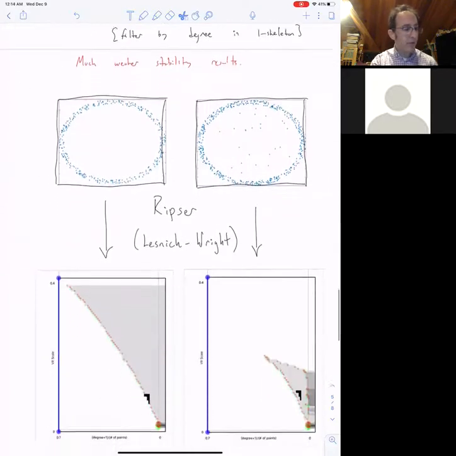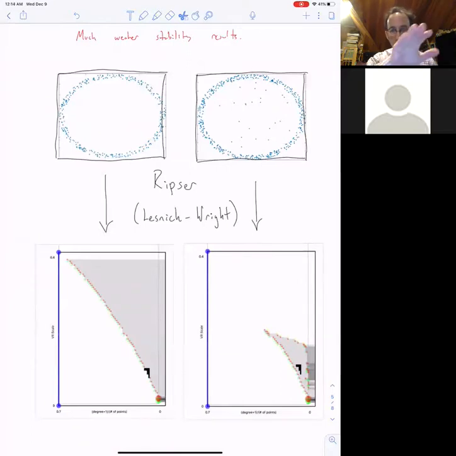Here's an example where, on the left, we have a densely sampled circle. On the right, we've added a bunch of noise points in the middle. Now if we use the degree Rips filtration and compute the multidimensional persistence of these things, and we use RIVET to do this, which is a software package due to Lesnick and Wright, what we get is a picture of the rank of the barcode.